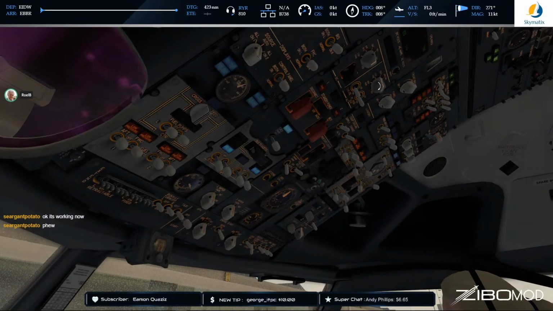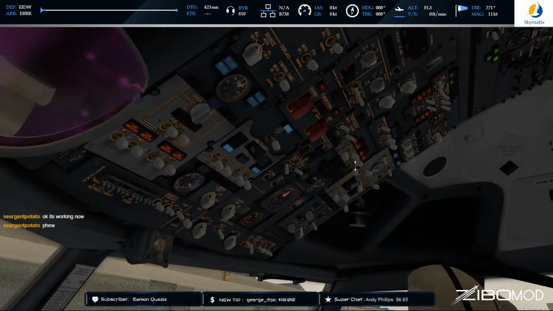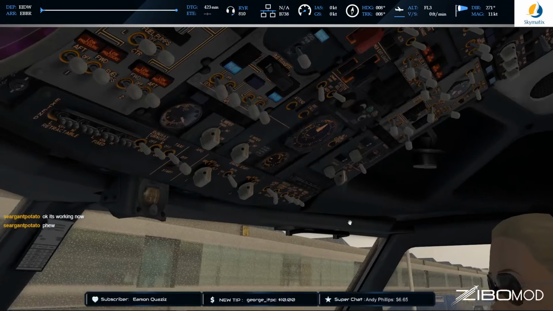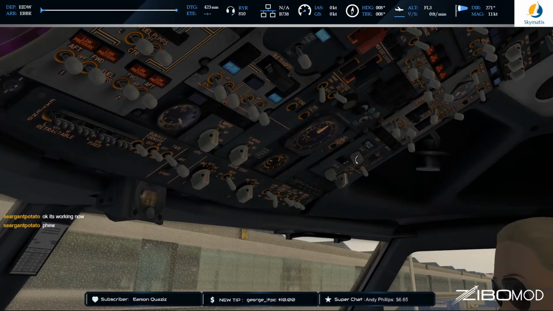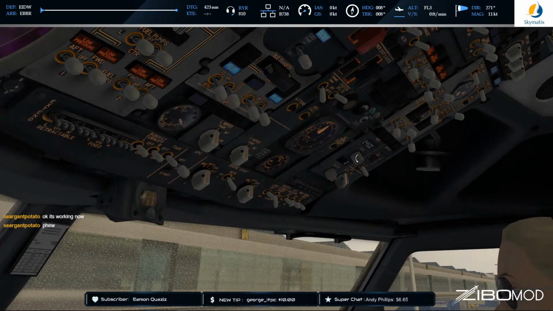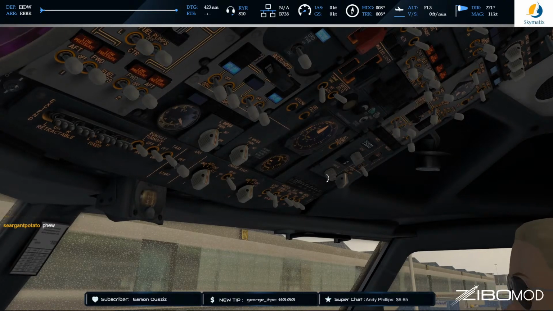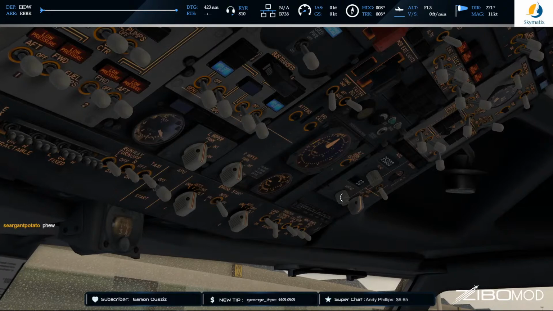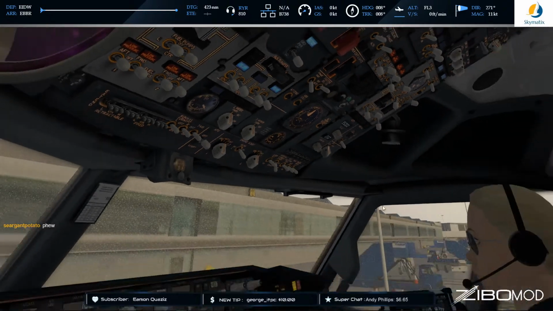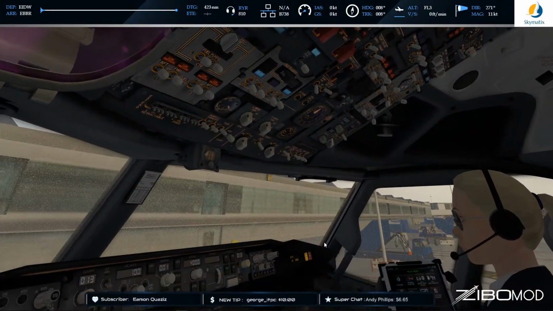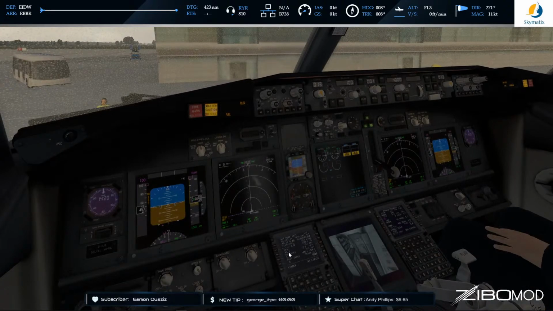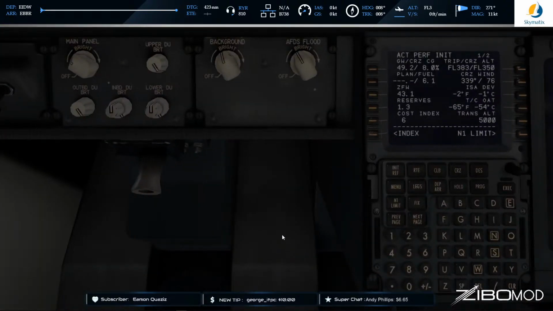There's a route ATC to Brussels. Awesome. Excellent. Good, good. I'm glad it's working.